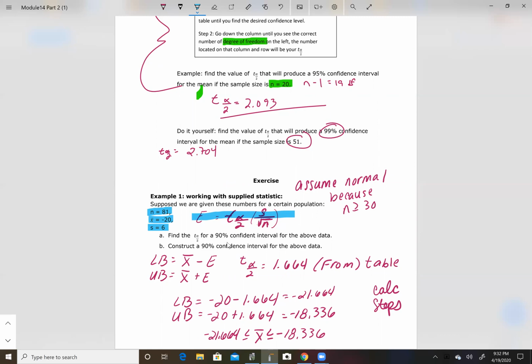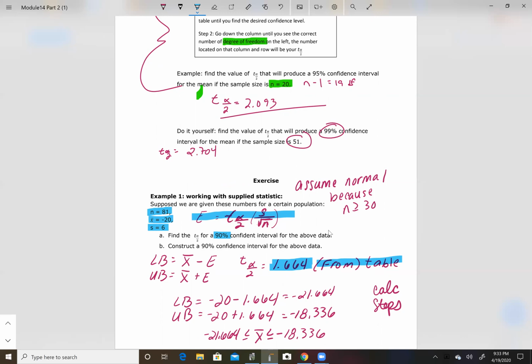From the table, I found my t of alpha over 2 to be 1.664, because we are trying to find a 90% confidence interval, and my degree of freedom was 80.